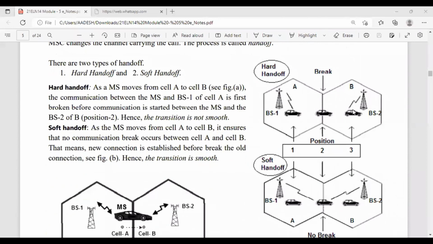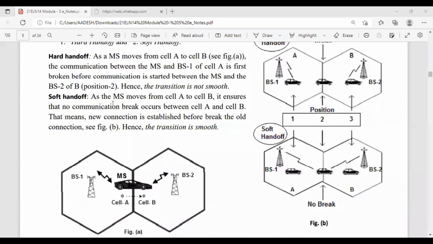In this case, before the link has been set up with the new base station, the initial link will break down. So the ongoing call has to be disconnected first, and then once he gets into this area, he has to register with this particular network and initiate the call again. That is the process in the case of hard handoff.